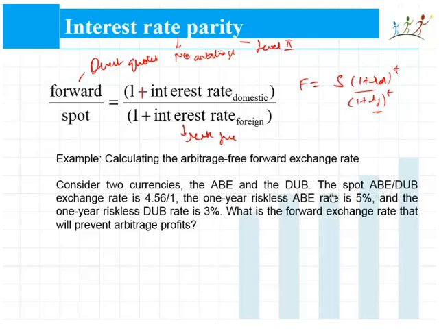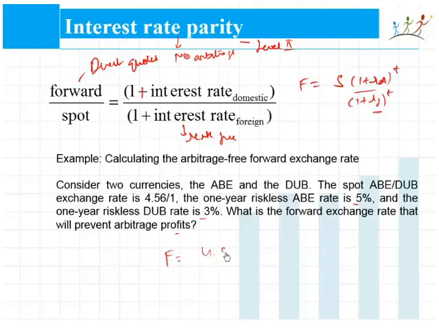The spot rate is 4.56, the 1 year riskless ABE rate is 5%, and the DUB rate is 3%. What is the forward rate that will prevent arbitrage profits?